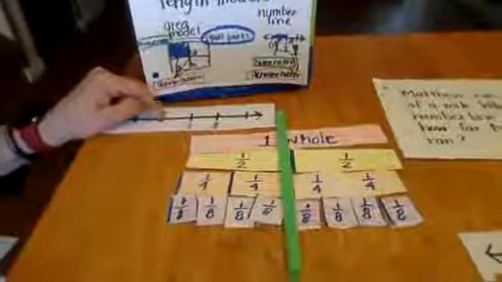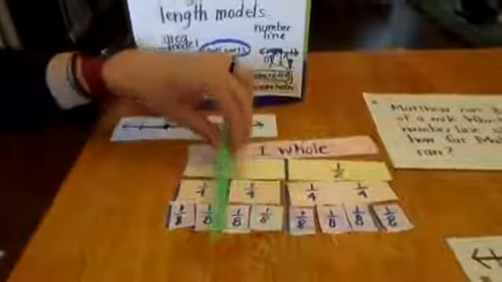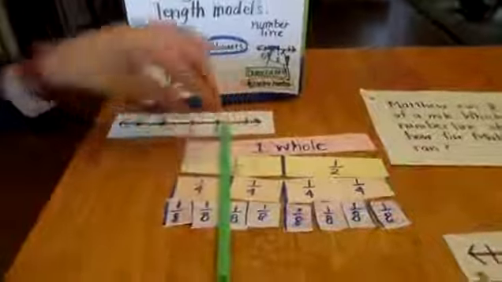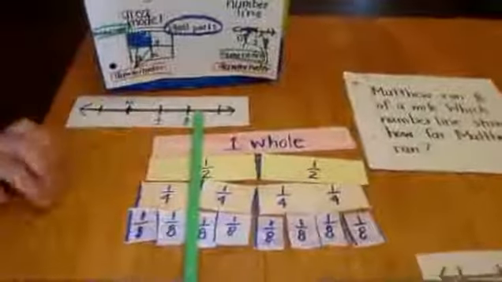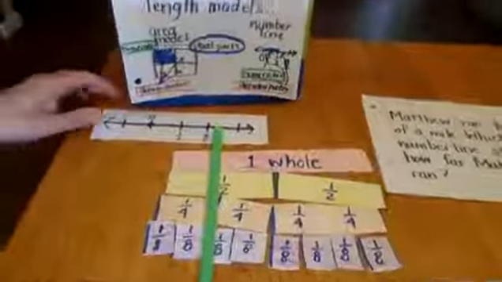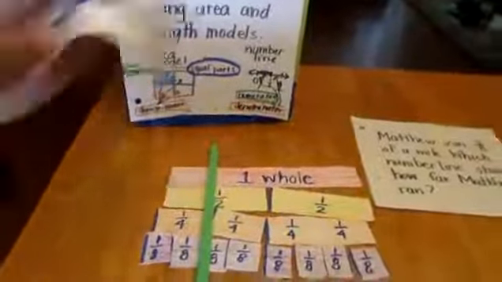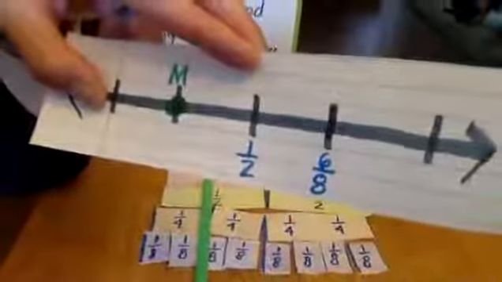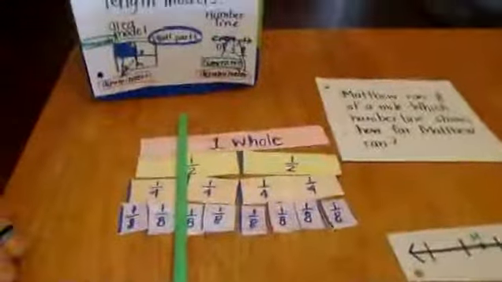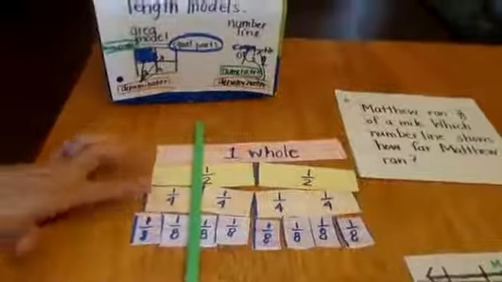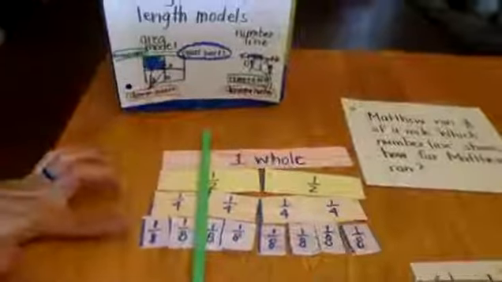Do you see that? So if Miss Street moved back 1/4 of an area, where is my straw? Is it at 3/8? Because that's where this M is. See the M? Where is my straw? It's at 1/4, or we're looking for eighths, 2/8. And it tells us that he ran 3/8 of a mile.